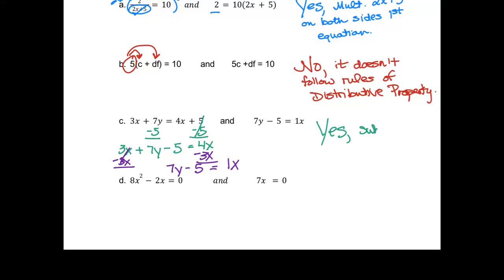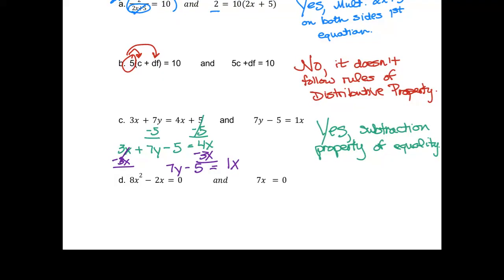It's the subtraction property of equality. Basically, you are subtracting the same amount from both sides. Subtraction property of equality.